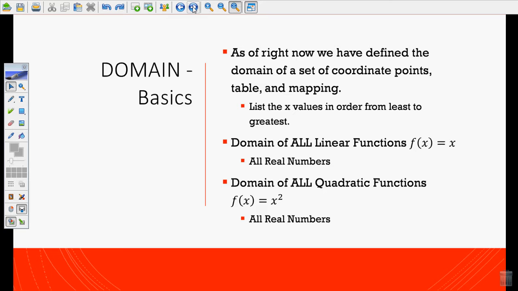So its parent function is f of x equals x. If I had a function in slope-intercept form, so that whole y equals mx plus b, that's a linear function, right? And so the domain would be all real numbers, okay?